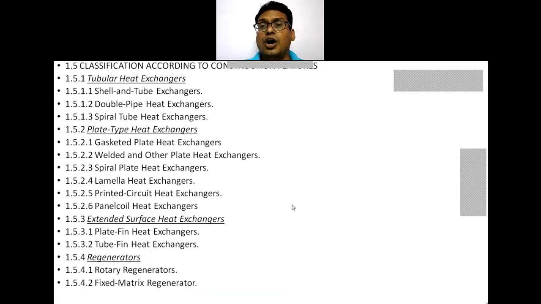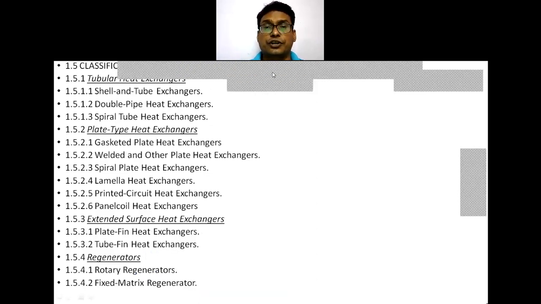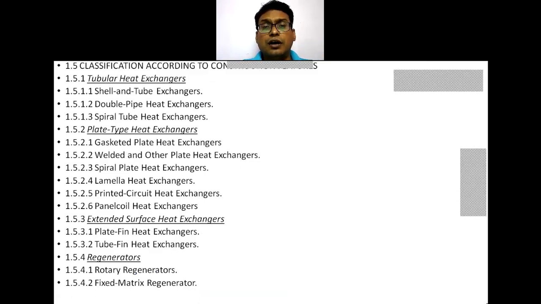The next is according to the construction features, and this is one of the major parts of the classification of heat exchangers according to the construction type.